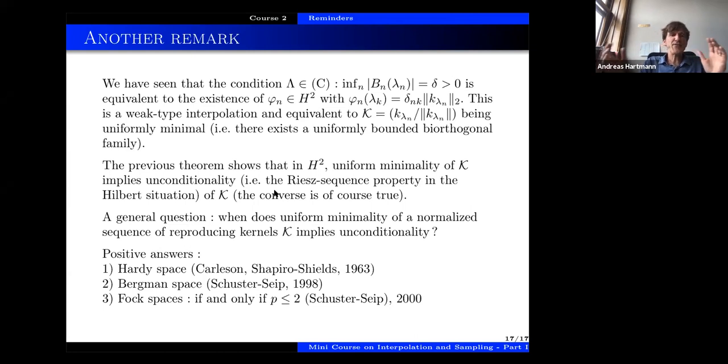And of course, between the unit ball and the polydisk, there are quite some geometrical differences. Of course, you can give some sufficient conditions from what has been done here. There are many experts in several variables who have worked on this, and there's some literature on this. But I think there is no definite answer to this question.